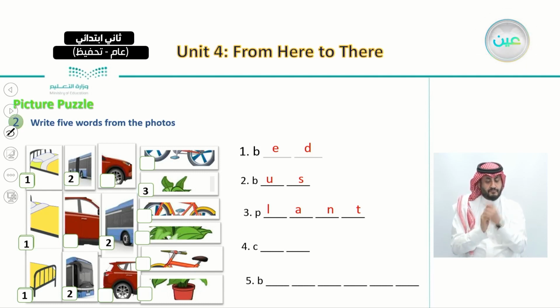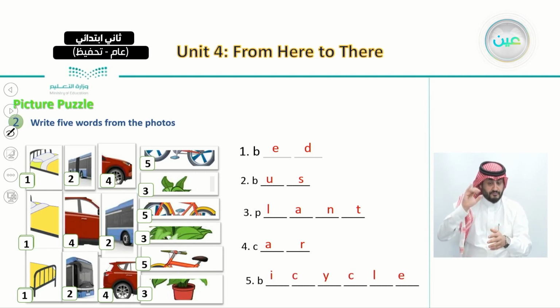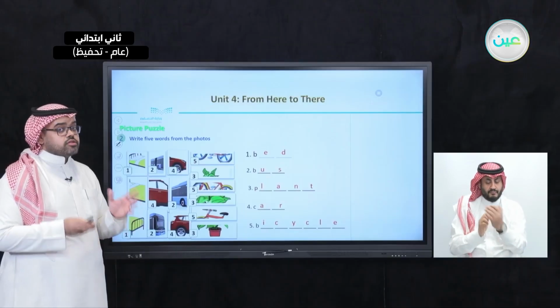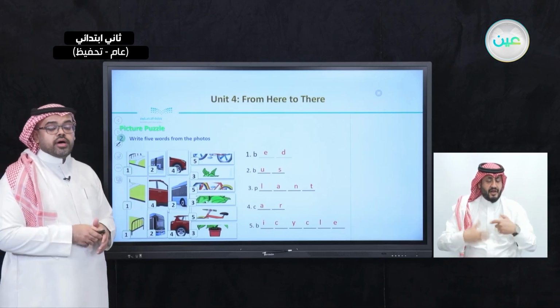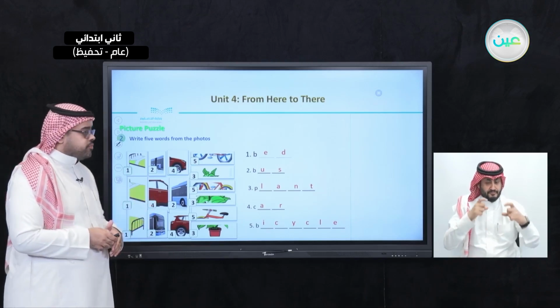From looking at this picture, it is a car. And this finally will lead us to picture number 5, which, by looking at these tires, is a bicycle. So this is how we answer this interesting exercise about a picture puzzle.